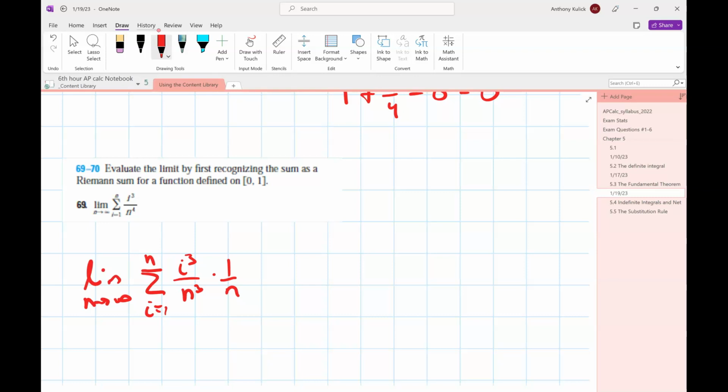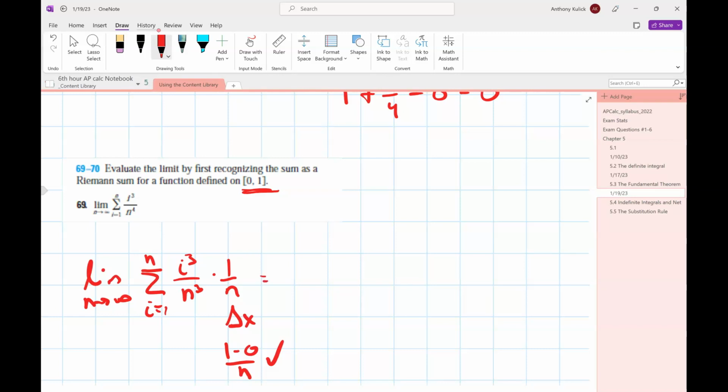Why did you put all of that? Well, because this guy is going to look like a delta x to me, where I have 1 minus 0 over n. That looks good to me, particularly since it says that we're on the interval 0 to 1. So I know that's my a and my b.